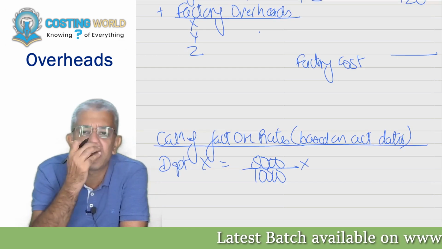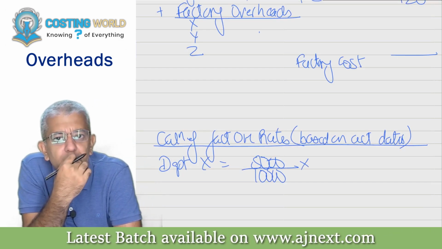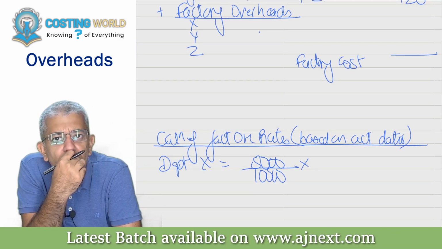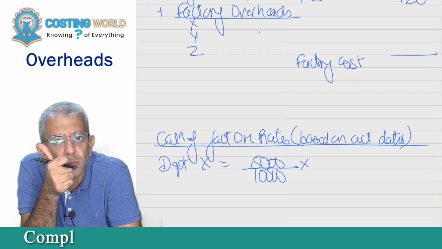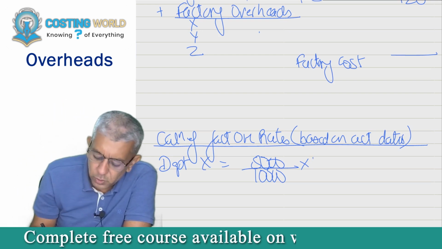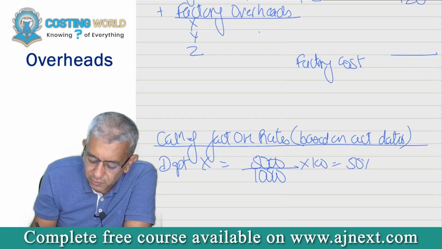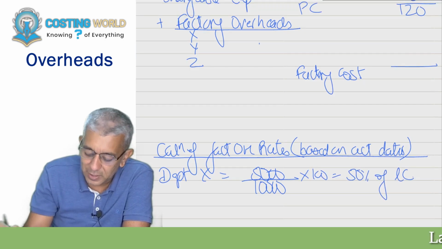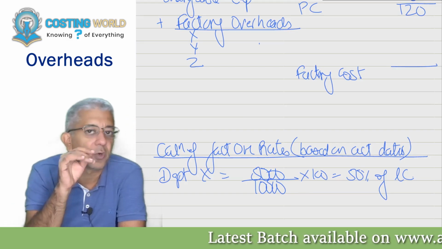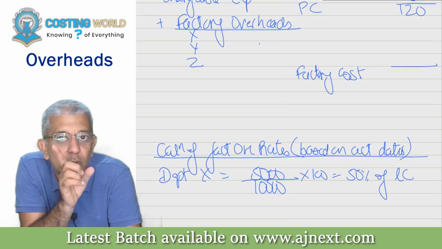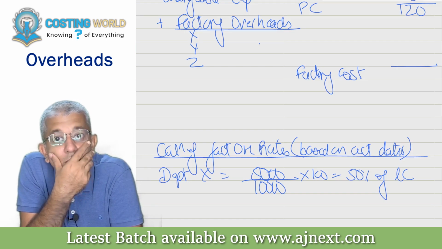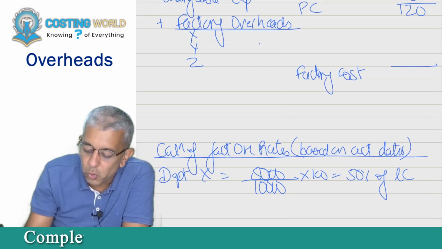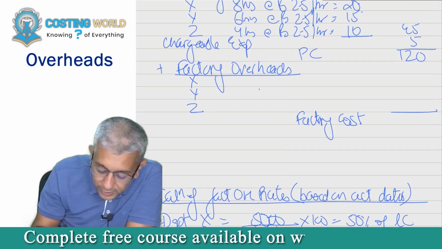Obviously, this 10,000, can we say is actual labor cost? Correct? Yes. So, into 100, 50% of labor cost. Now, everybody tell me, is this particular 50% of labor cost your absorption rate or your actual rate? Actual rate. So I'm going to apply that actual rate over here.